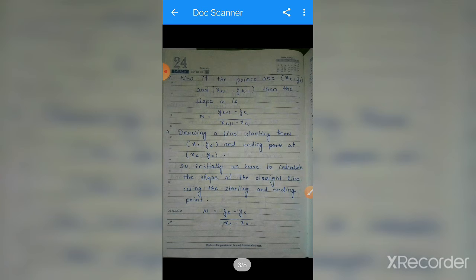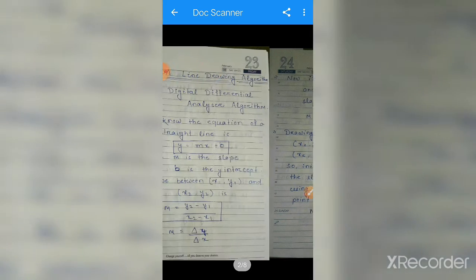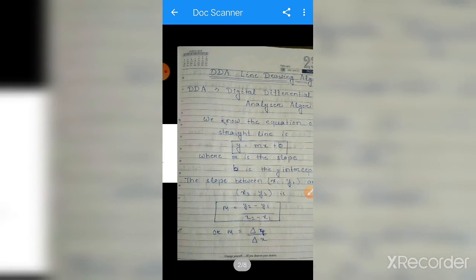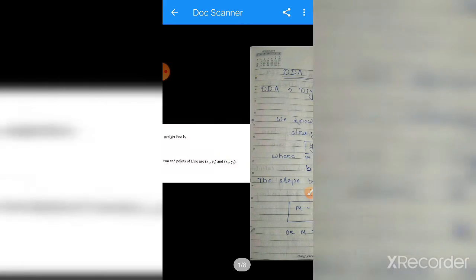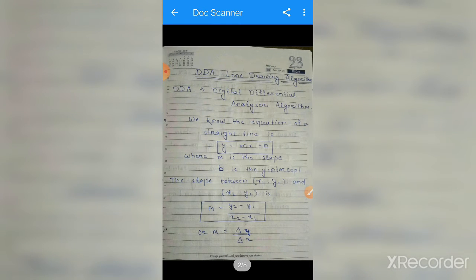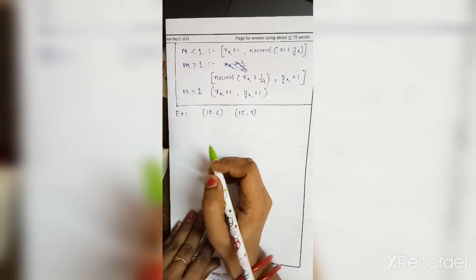We will also take an example of how it can be plotted. Let us discuss the DDA algorithm using an example, or one question to solve.